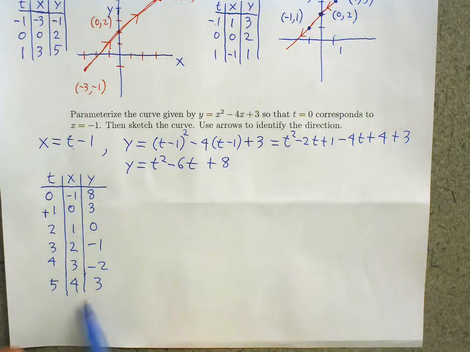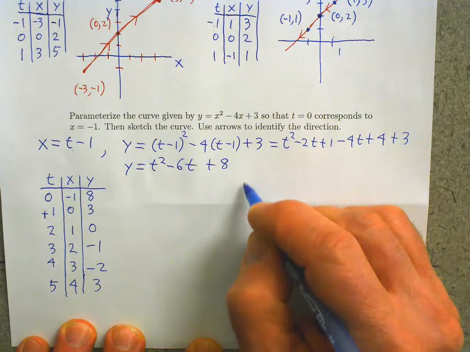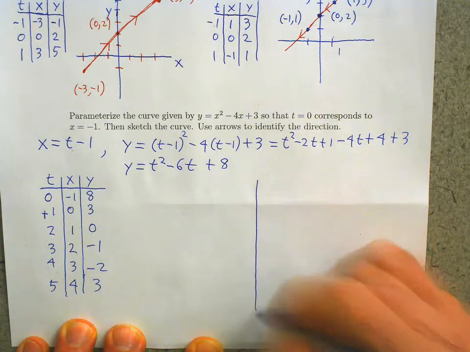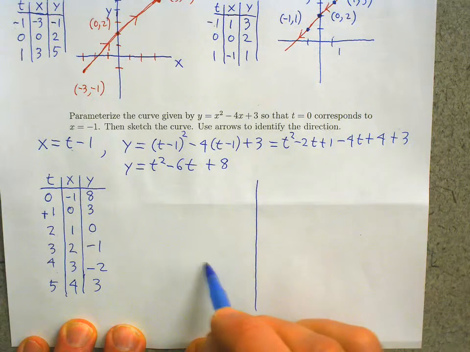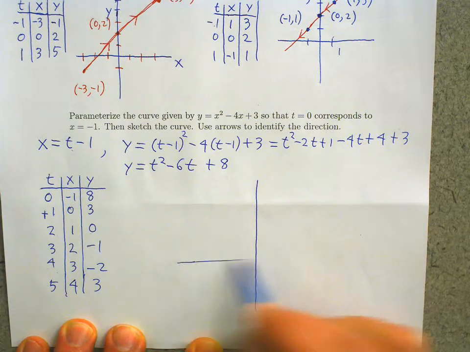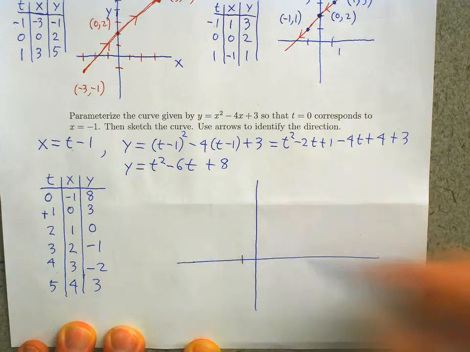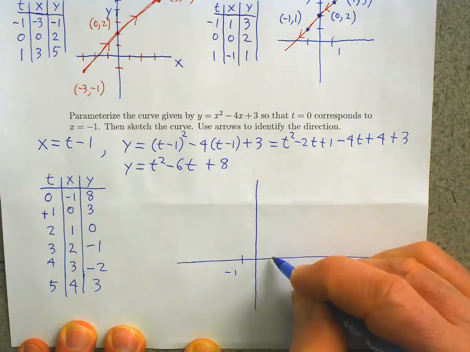But let's try plotting these points, just the x and y coordinates. So the x values are ranging from negative 1 up to 4.